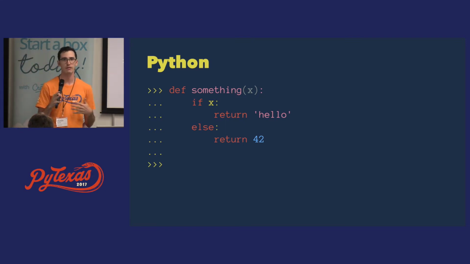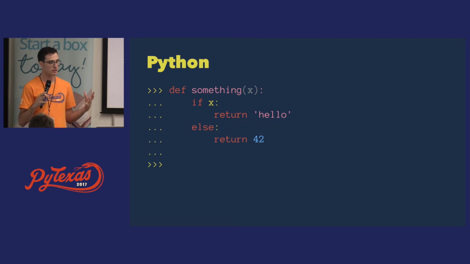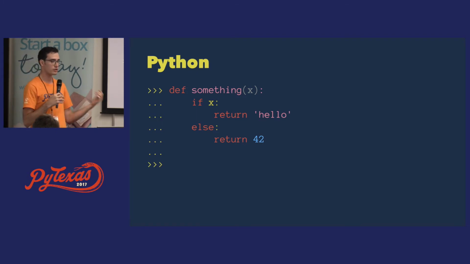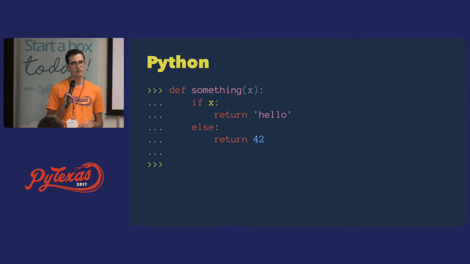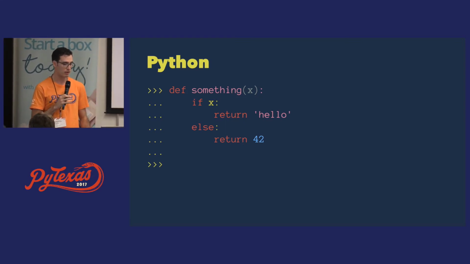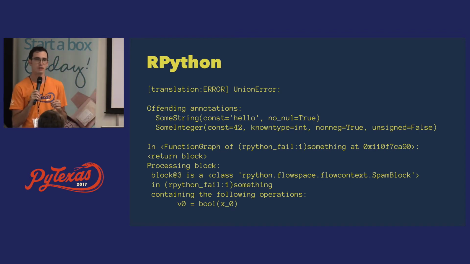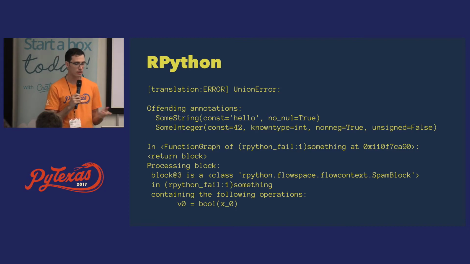Python still doesn't care. Our functions can return whatever we want. This is, in essence, dynamic typing. But RPython restricts your ability to arbitrarily mix types like this. If I try to compile this, which is something you do with RPython, I get a union error with the offending annotation. It doesn't like it. So you might see some stuff later that looks a little weird, and let's just say it's because of RPython.